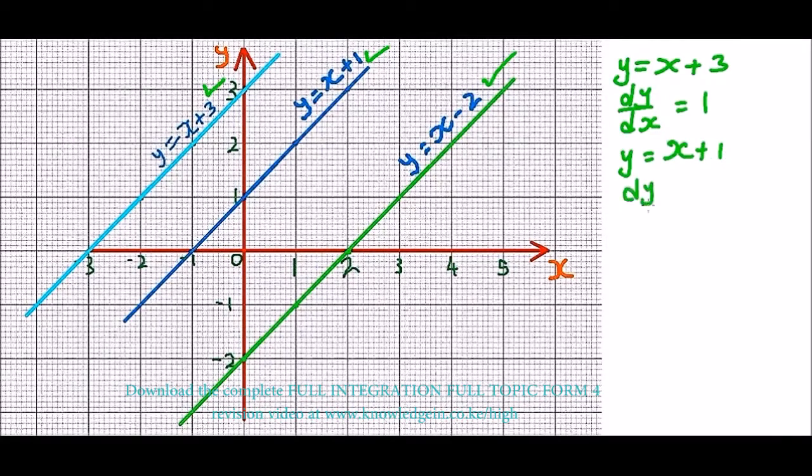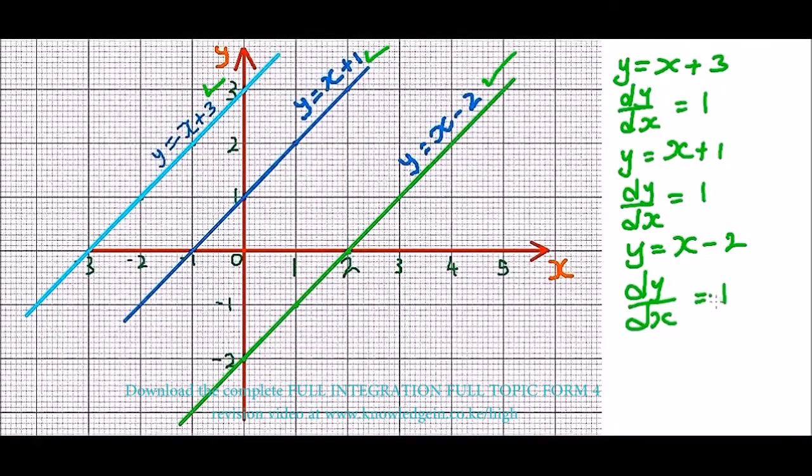Then we have dy over dx, that is the gradient of this line, is the same as 1. Then we have y is equals to x minus 2. We get dy over dx is equals to 1.